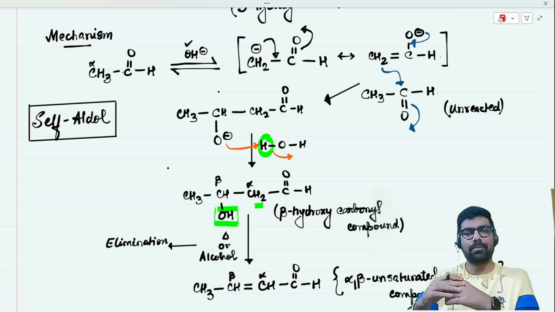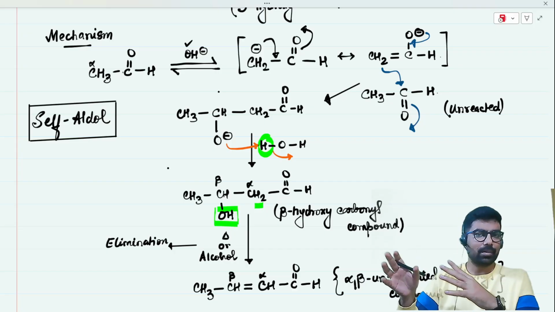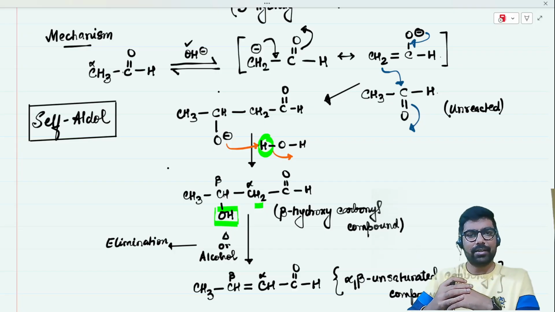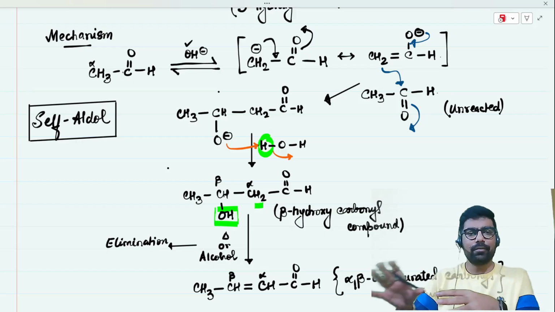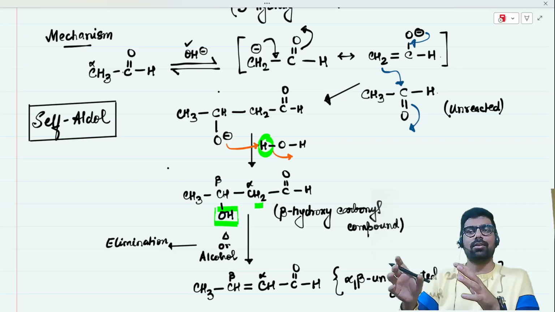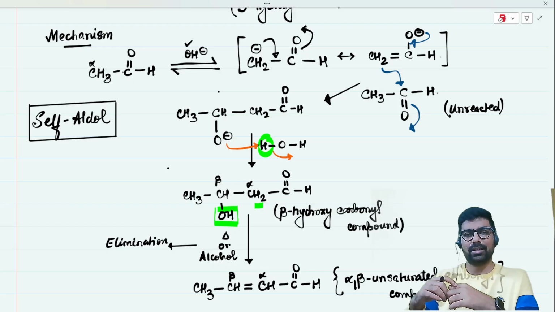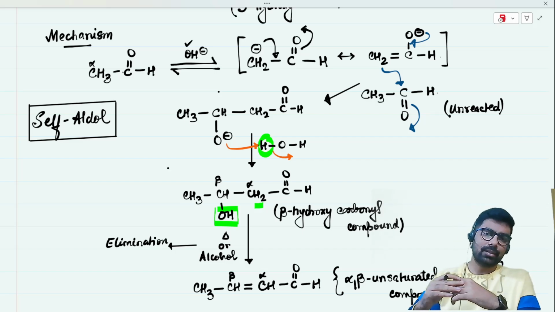So now we have a beta hydroxycarbonyl compound. The reaction may stop over here, but if there is heat or alcohol present in the reaction medium, then another step takes place, that is elimination reaction, and we get OH and the acidic hydrogen eliminated and we get an alpha beta unsaturated carbonyl compound.